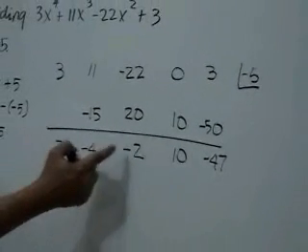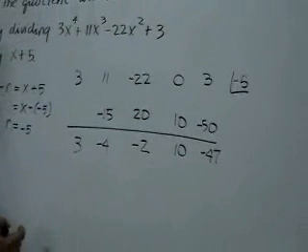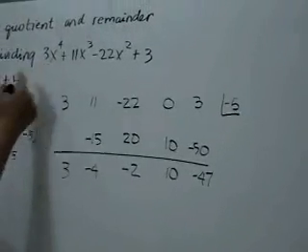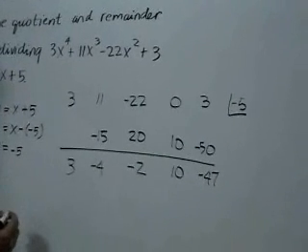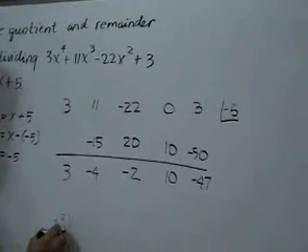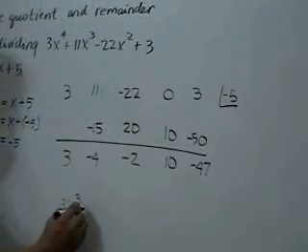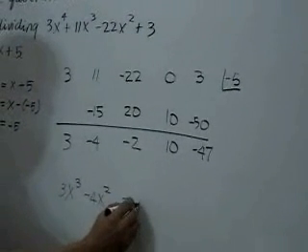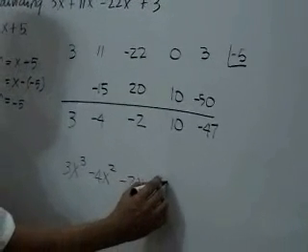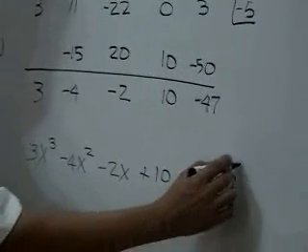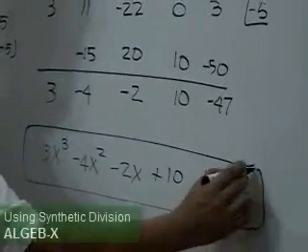These are the coefficients of the decreasing powers of x in the quotient starting with x cubed, which is 1 degree lower than what we have for the dividend. So we have 3x cubed minus 4x squared minus 2x plus 10, with the remainder equal to negative 47.